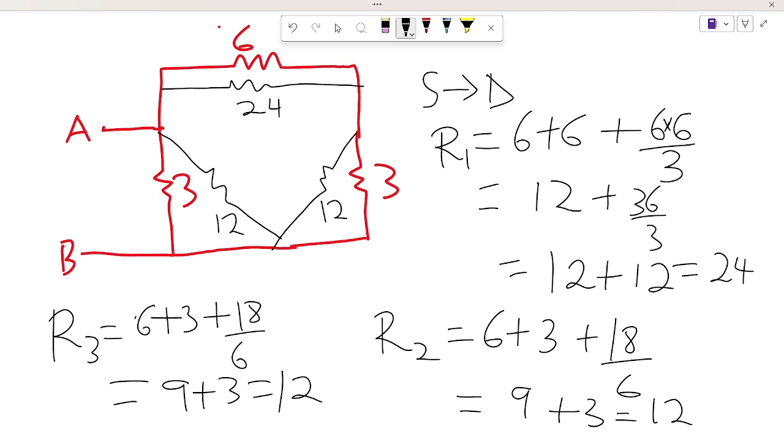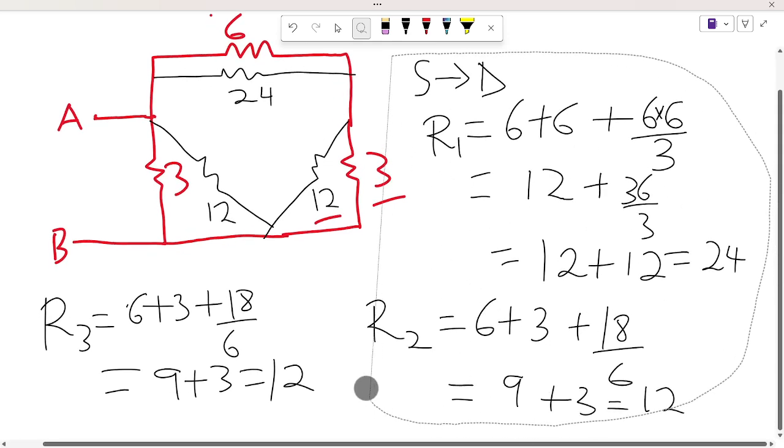Okay. So first of all, we realize that these two, that's the 3 and 12, are in parallel. So we can tackle that first. So let me clear this portion.